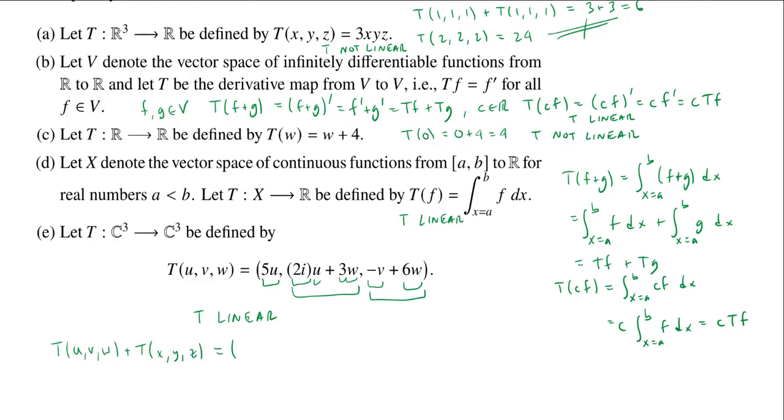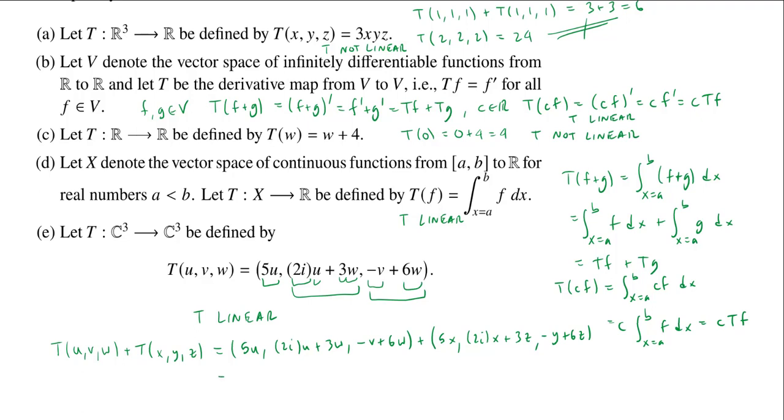So this would be 5u, comma, 2iu plus 3w, comma, negative v plus 6w, right? That's just coming from the definition, plus, then I'll have 5x, comma, 2i times x plus 3 times z, comma, negative y plus 6z.